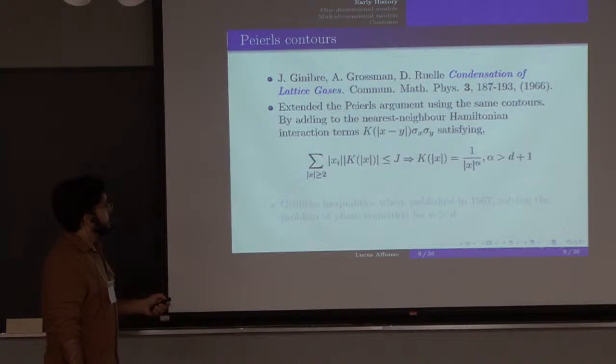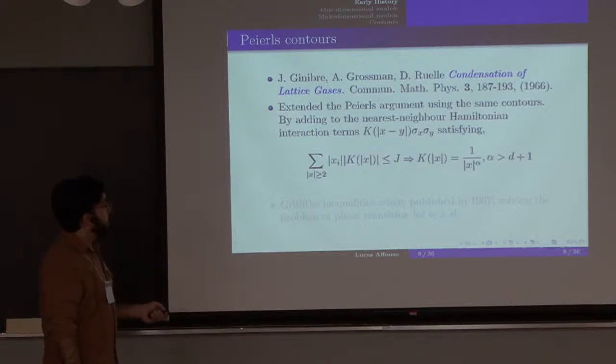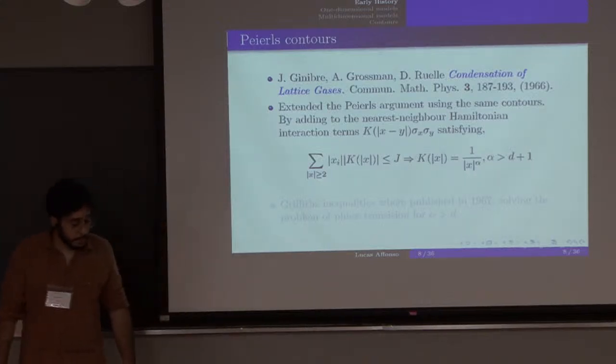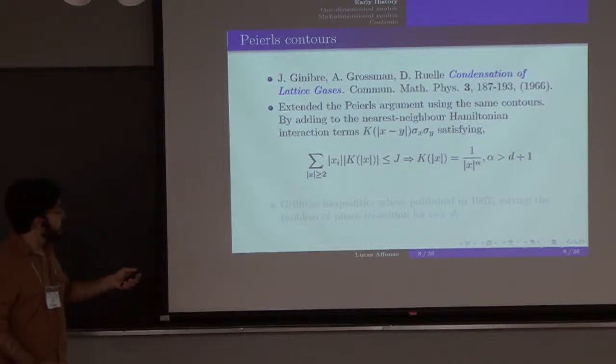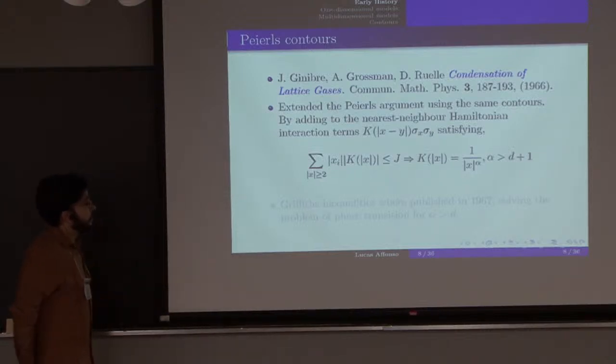Basically, that the nearest neighbor coupling J should win over this term right here, that is the long-range part. And if you assume that the potential decays polynomially, this condition implies that you need to have alpha larger than d plus 1. So as you can see, at this point in the 60s, you can conclude phase transition using a Peierls argument for models with decay alpha larger than d plus 1.